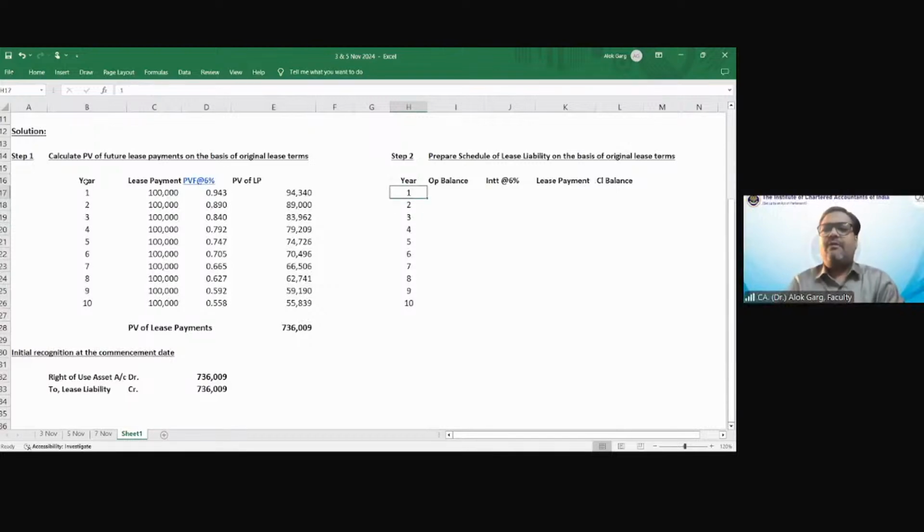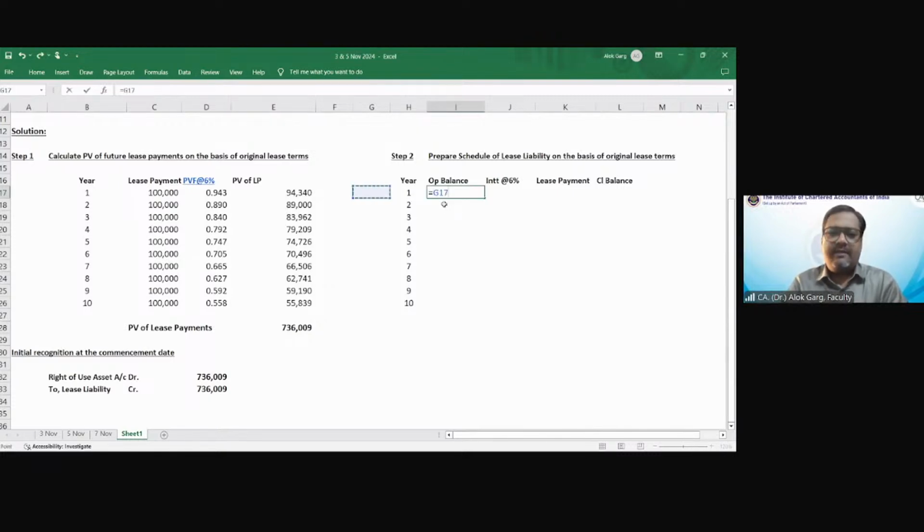I am doing the calculation as per the original terms and conditions. I am not aware of the changes, because I am sitting on day 1. I don't know what will happen after 5 years.